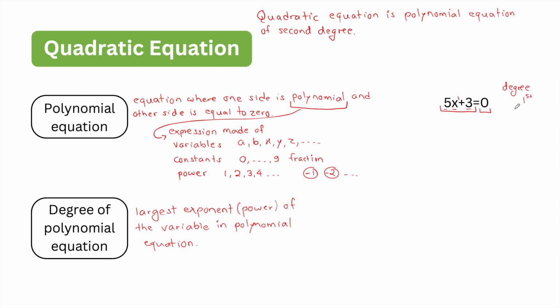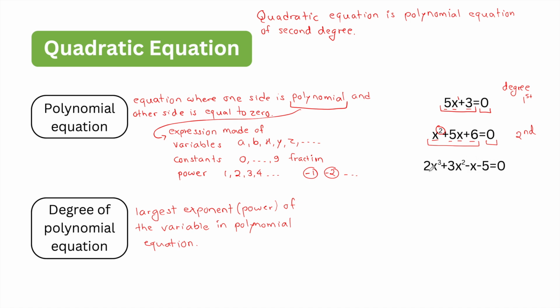Now moving on to the second equation. Here we have x as a variable, we have 5 and 6 as constants, and we have 2 as a power. 2 is positive 2. So this is a polynomial and this is equal to 0. Here the largest power of the variable is 2. So this is a second degree polynomial equation. You got it? Now let's understand the third equation.